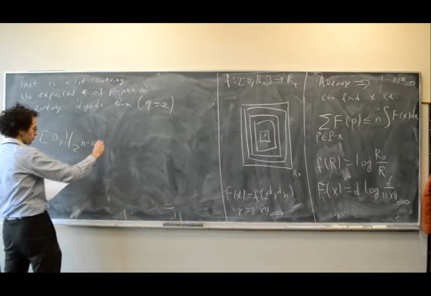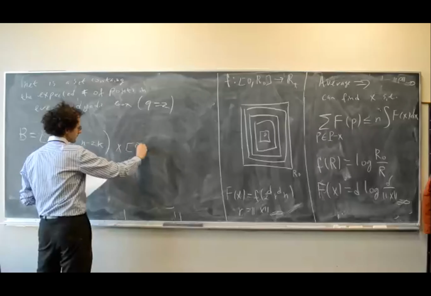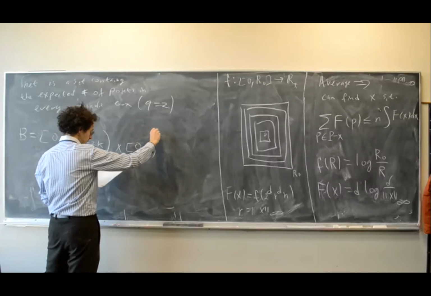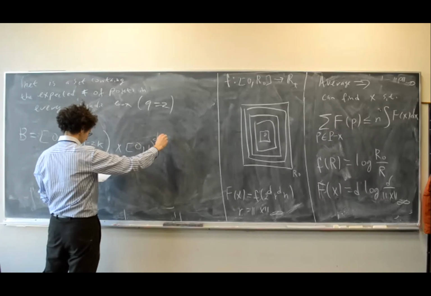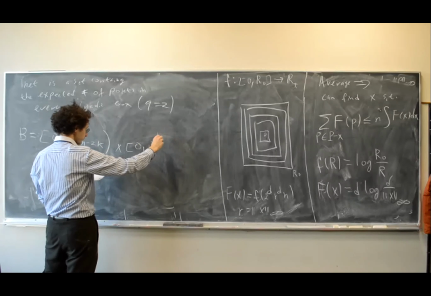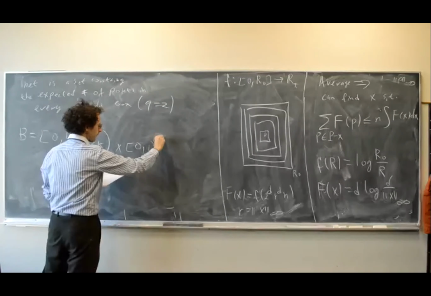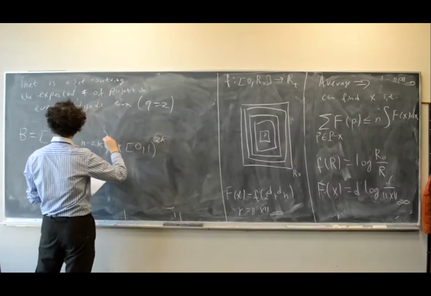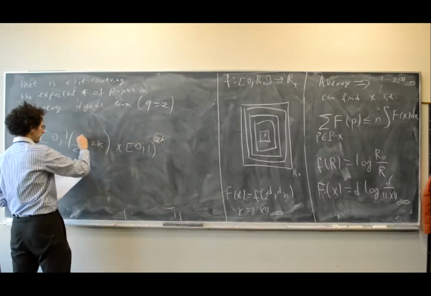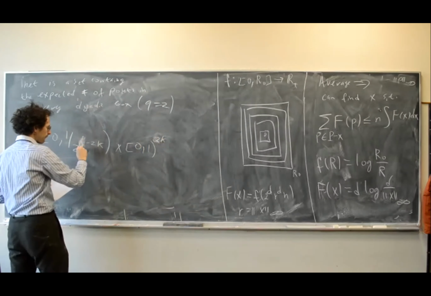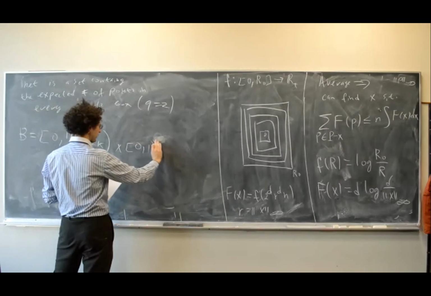We're going to choose times {0, 1} to the 2k, so this is my n, and this is my d minus 1.